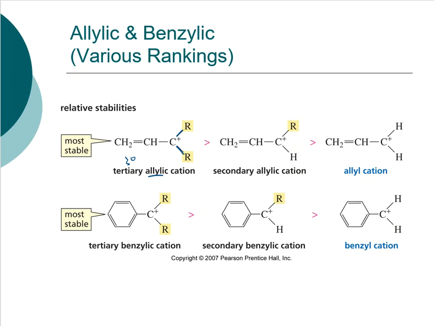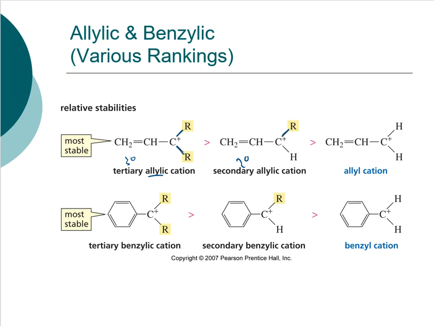Here, we see the same thing, but that carbon is only attached to one other carbon. And this is our secondary allylic, because it's attached to two carbons. And then finally here at the very end, this is our allyl cation, and it's a primary allylic.